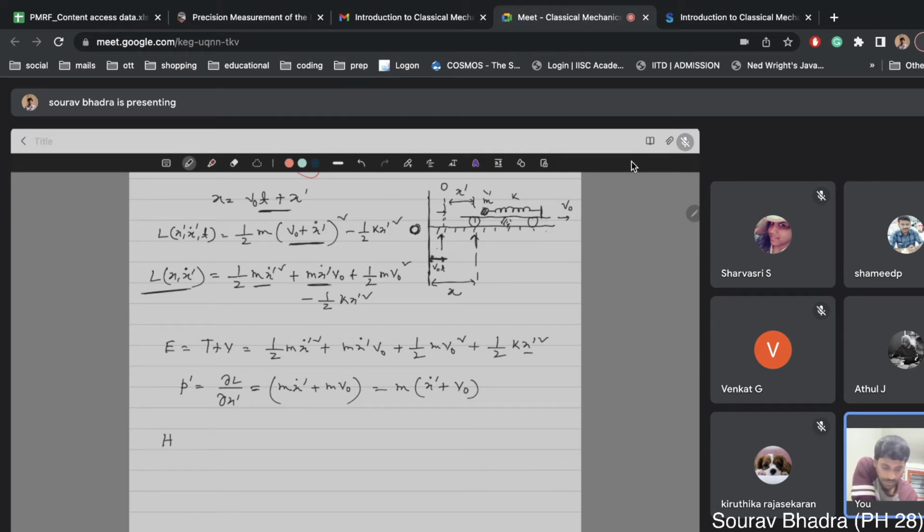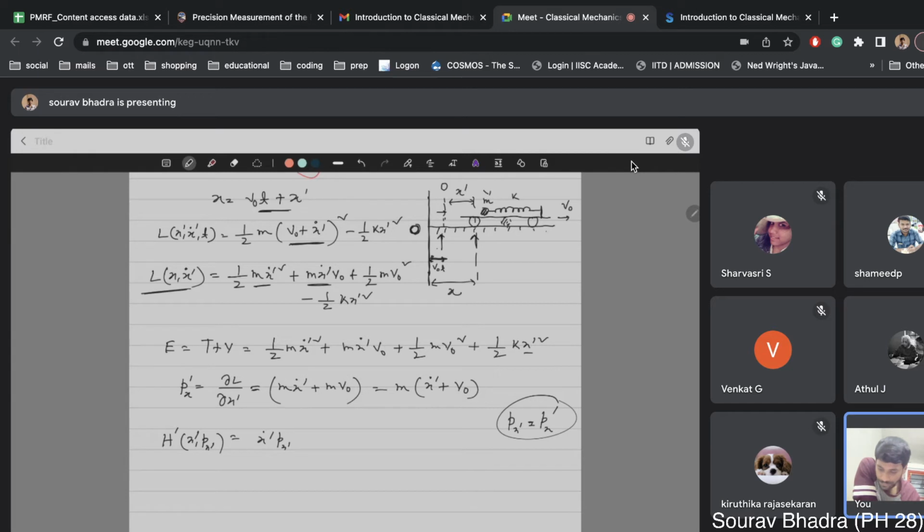Now we will write H dash, that is x dash dot p x dash. Sometimes I have written p x dash and sometimes p x dash; this is the same thing, no problem, just remember this.